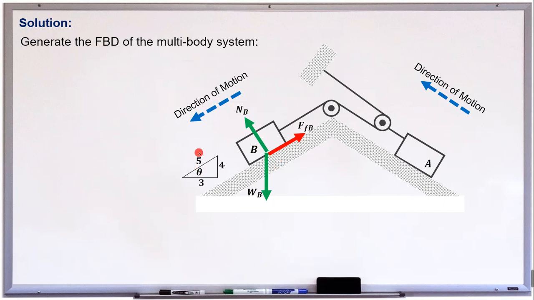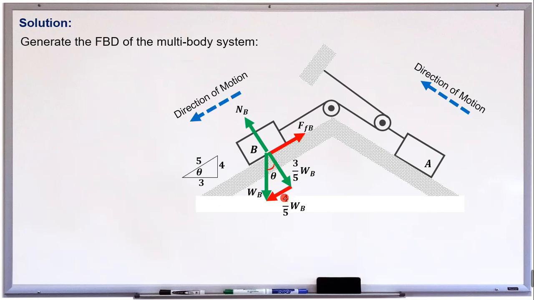And then if we are going to indicate the inclination of this plane, we have 3 units run and 4 units rise. So the hypotenuse of this one is 5. Now we're going to use this in order to get the components of this weight, which are normal, that is 3/5 of WB, because if this is theta in our FBD here, the angle here is also theta.